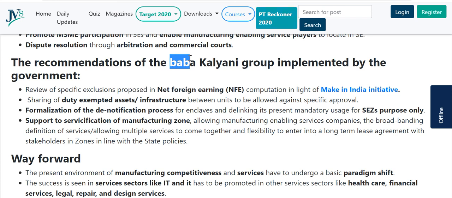They should be brought under one roof. So this process has also been approved.